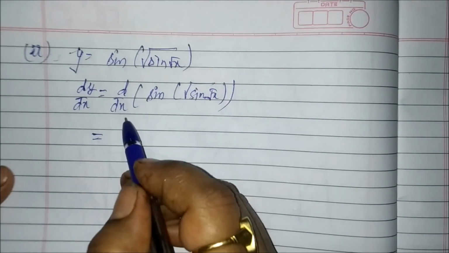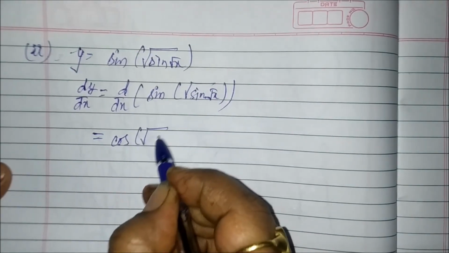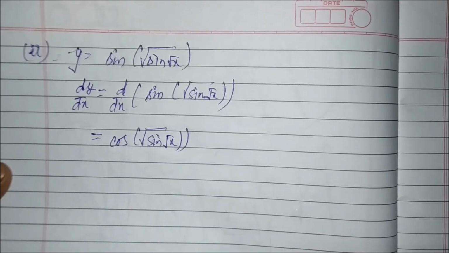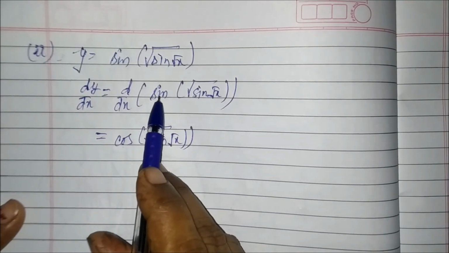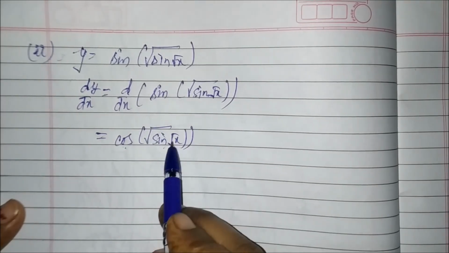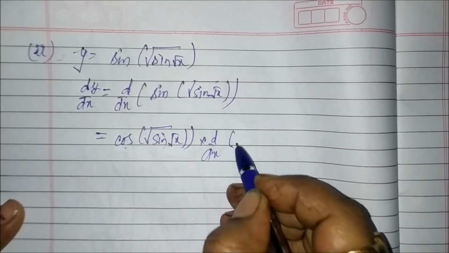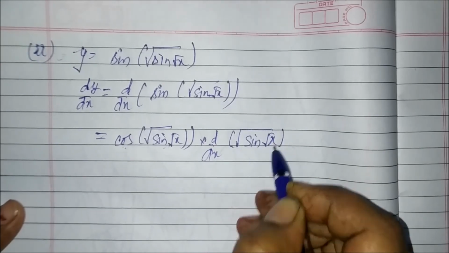Okay, d by dx of sine is cos, so cos of sine root of x. Okay, this we have done. The derivative of sin x is cos x, the angle is same. Okay, into d by dx of root sine of root x.